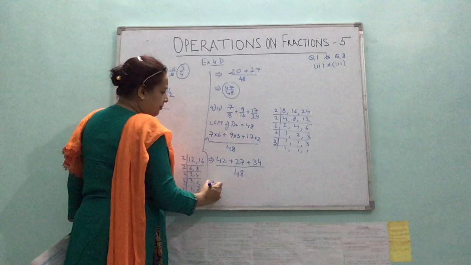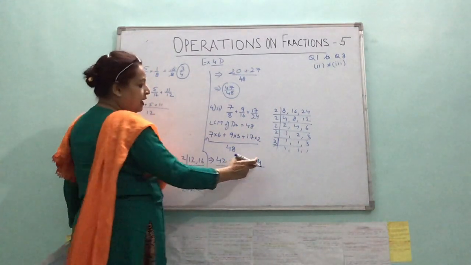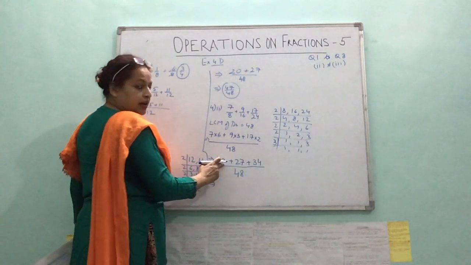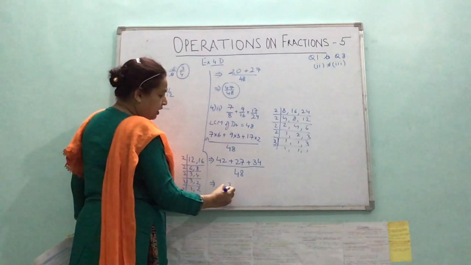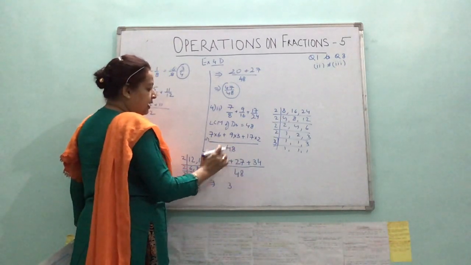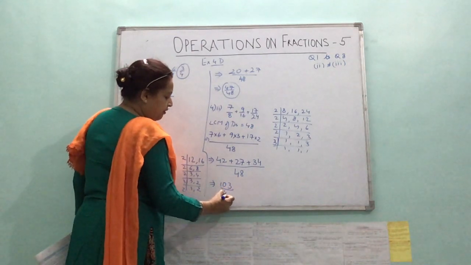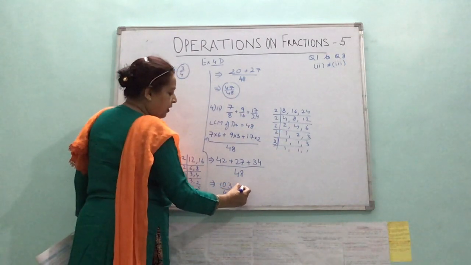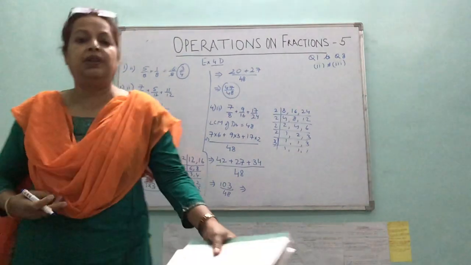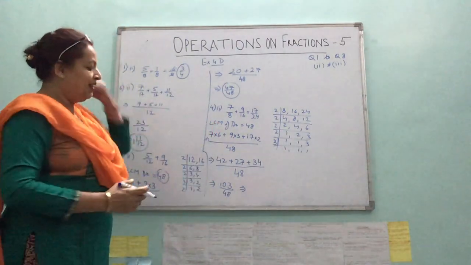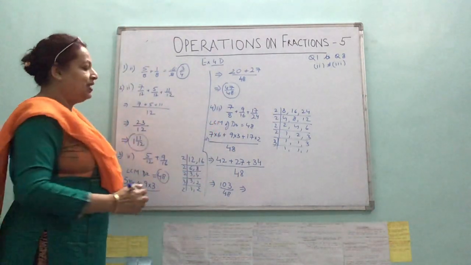Now find the sum. Well, unit digits, let's add. 4 plus 7, 11, plus 2, 13. 3 plus 3, 6, and 1, so 103 by 48. Okay, now it is a little bigger number, so converting into a mixed fraction orally is not so easy.